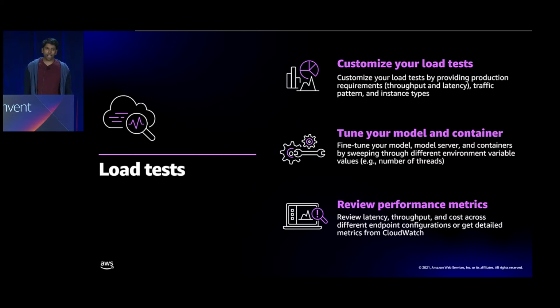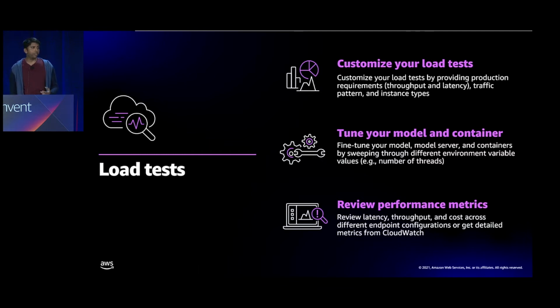The other task when it comes to tuning performance is when you're choosing parameters for your containers as well as your model server, it can turn into a combinatorial task. There's lots of different variables that you can tune.